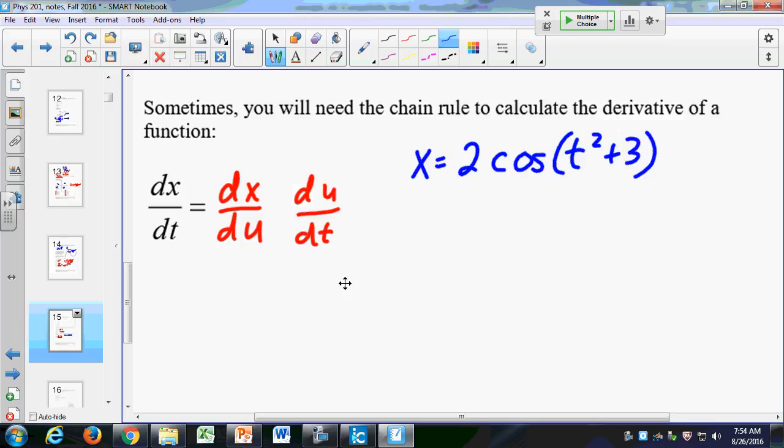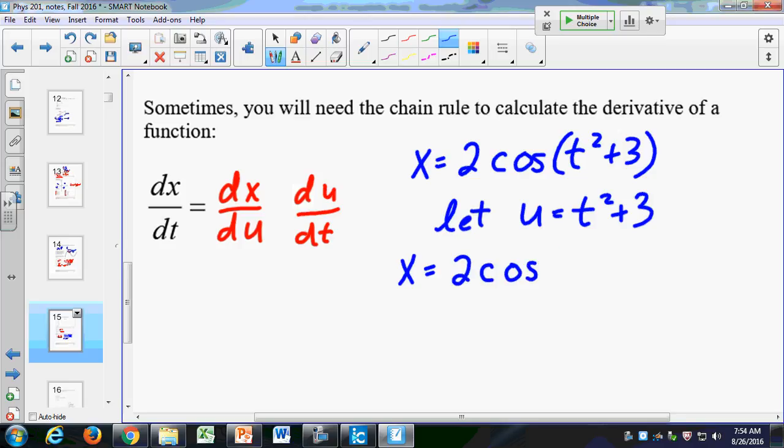However, I can let u equal t squared plus 3, so that I can rewrite this as x equals 2 cosine of u. Then I can solve dx/du, and I can find du/dt, and so then I can have dx/dt.